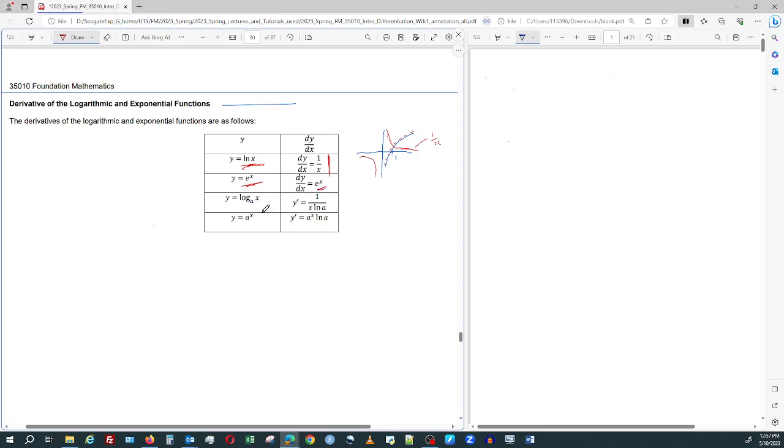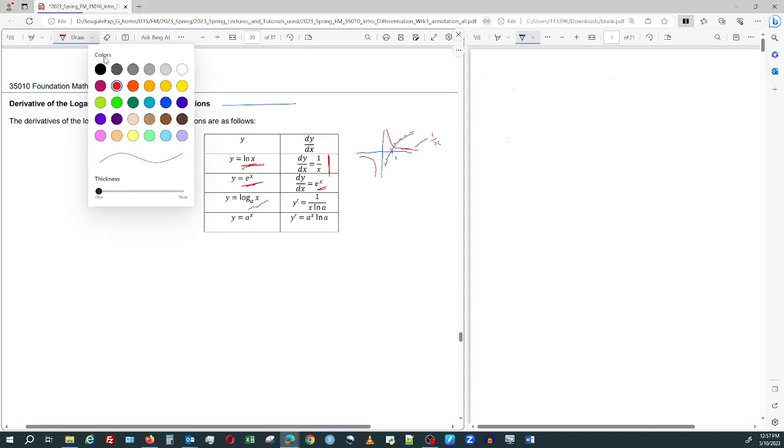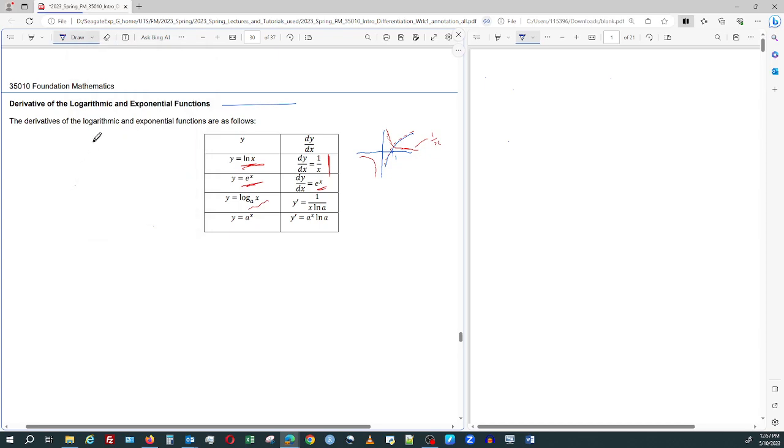Now y equals the log base a of x, for some a. This is the more general case. We're looking for an answer not just for those things we've been looking into, but a more general case. Log base a implies it's not log base e or 10, so we use the change of base formula.